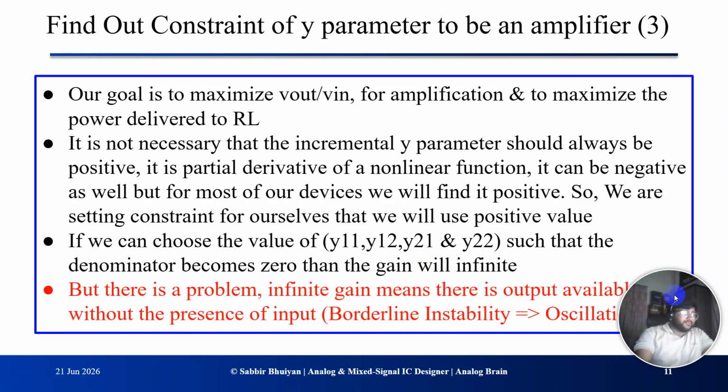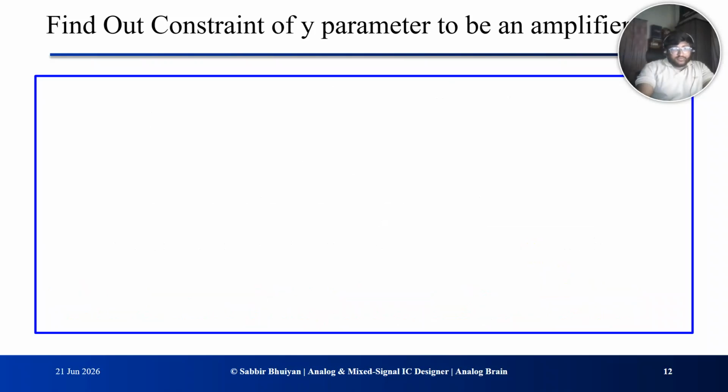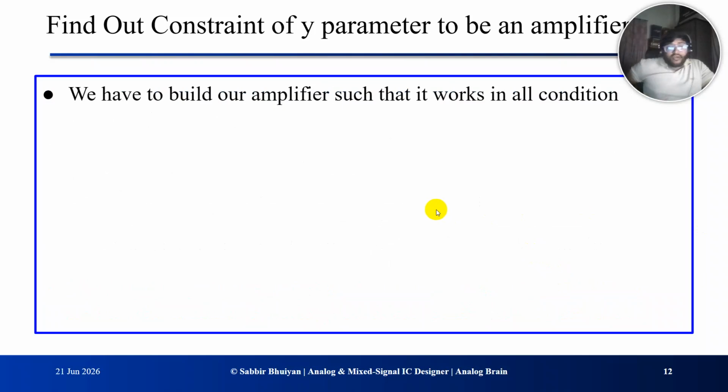But there is a problem. Infinite gain means there is output available without the presence of input. So borderline instability, which means oscillation. So here's the harder constraint, and it's an engineering one, not a math one.